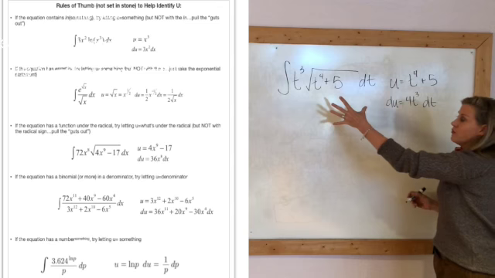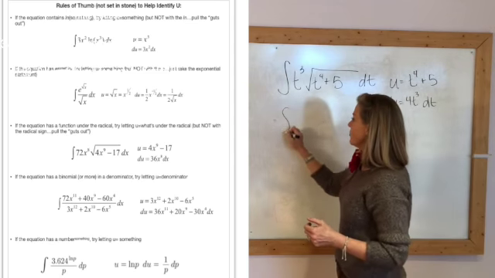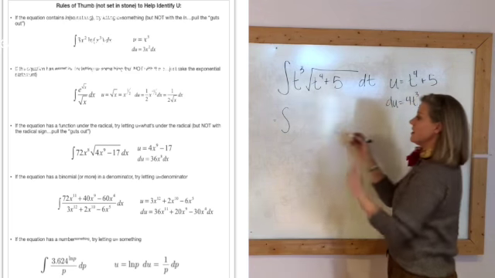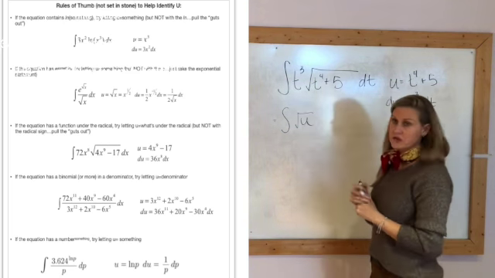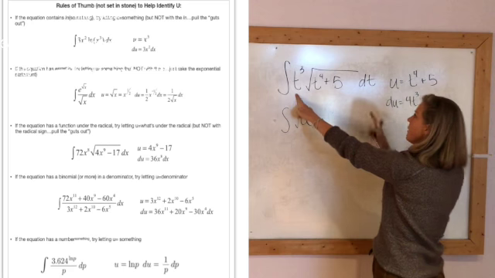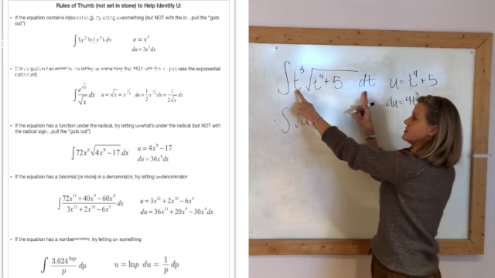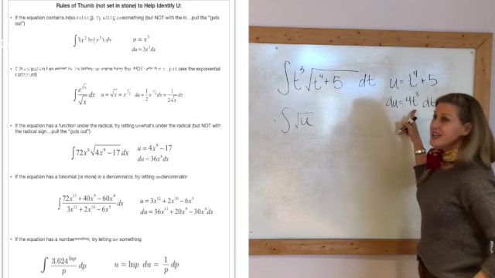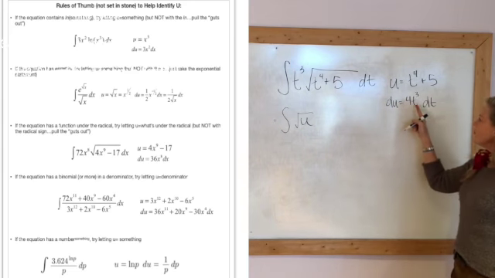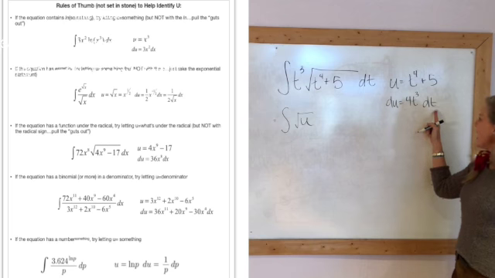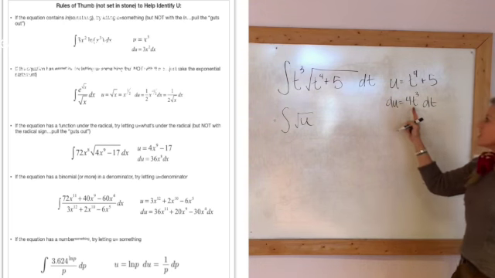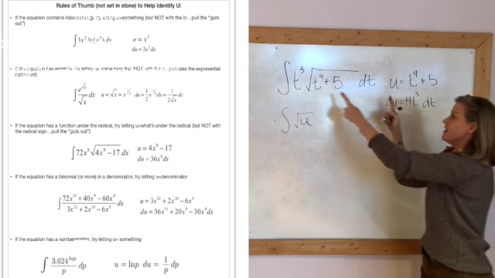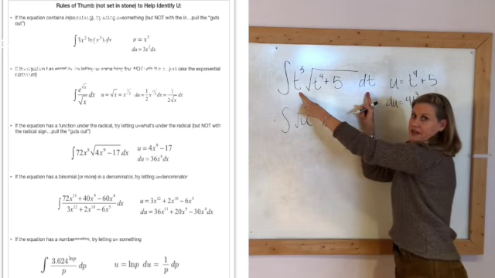The problem is when I'm ready to translate and do my step 3, this piece is very easy. It becomes U under the radical. But now I have to antiderive or substitute just t to the 3rd and a dt. And over here, I have a 4t to the 3rd and a dt. And I want this to look like that. I'm trying to make this be an exact translation of that.